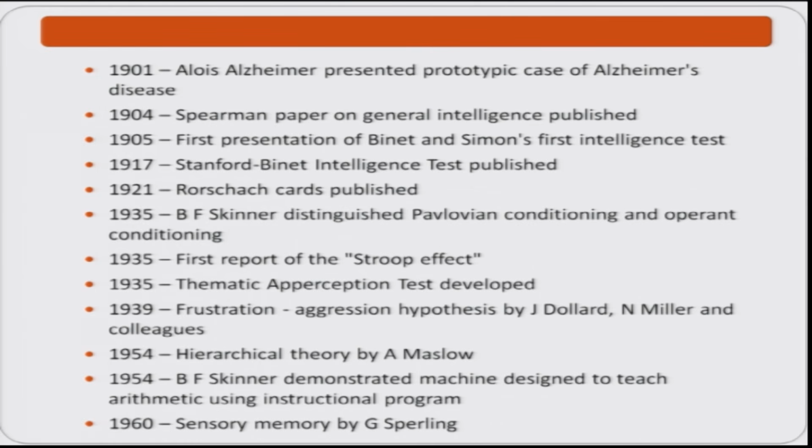The famous frustration-aggression hypothesis of Dollard, Miller and colleagues came forward in 1939. Maslow's popular hierarchy theory came forward in 1954, and 1954 was again the year when B.F. Skinner demonstrated a machine designed to teach arithmetic using an instructional program.